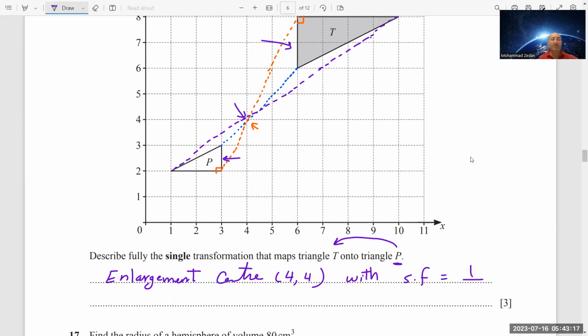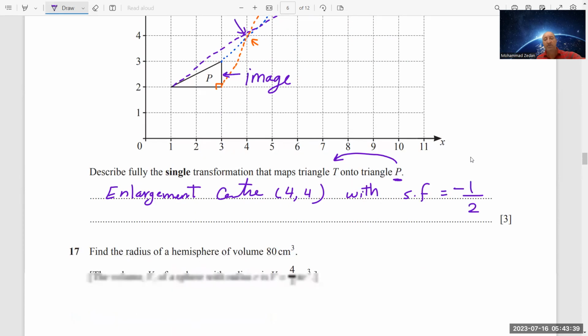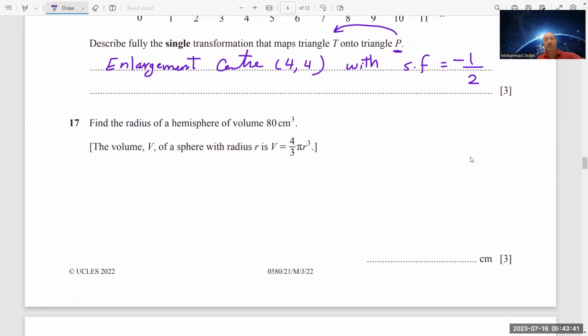And since the center of enlargement lies between the figure and its image, this is the original figure and this is the image, so it's a negative half. If the figure and its image lie in different directions from the center of enlargement, the scale factor will be negative. That is our scale factor of enlargement.